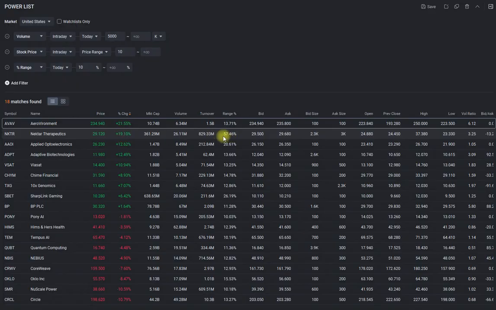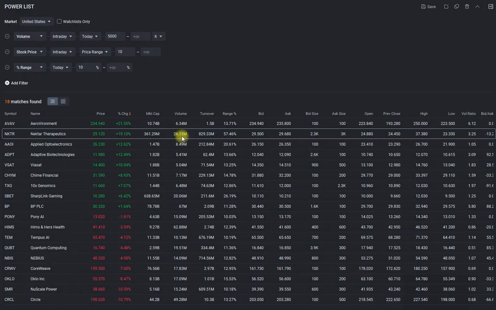That talks about a lot of volatility, and that's why it's a prime culprit for us. So NKTR's range percentage is 57%, and you'll see why immediately. What does it mean? The distance between the highs and the lows. The volume is 26 million shares. I don't remember how much it traded yesterday, but it's way above our 5 million threshold.